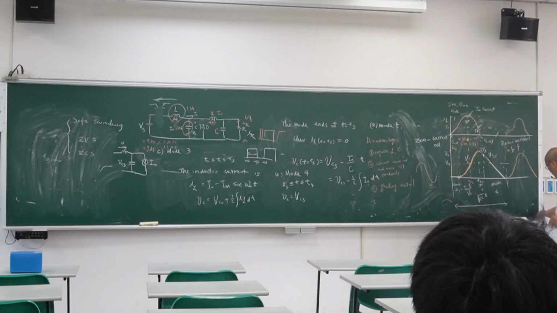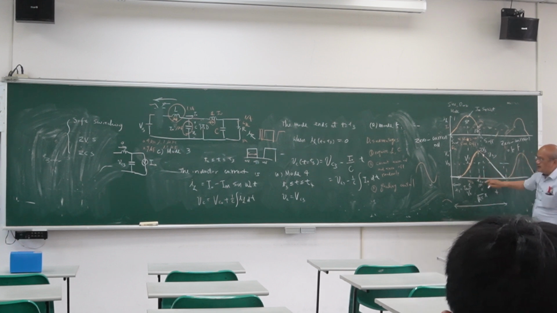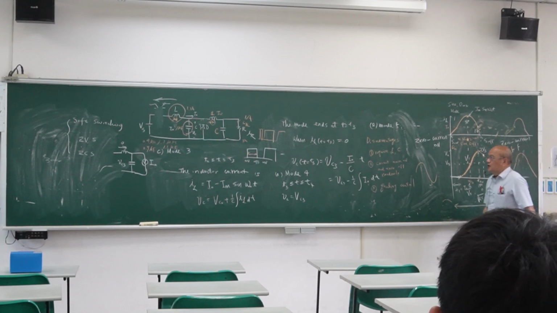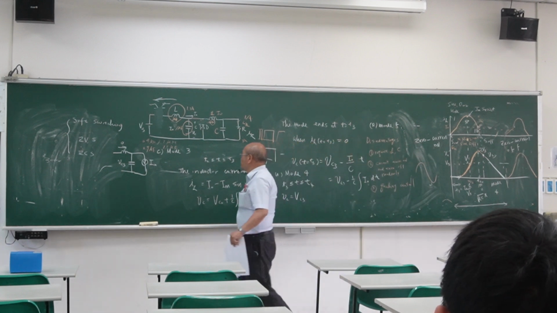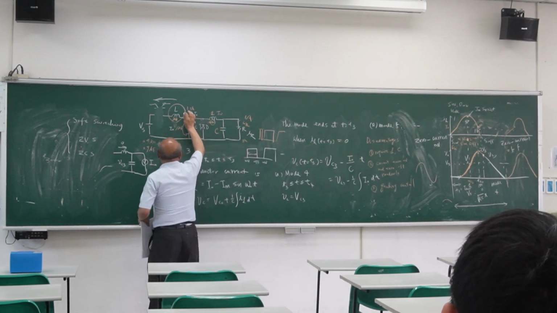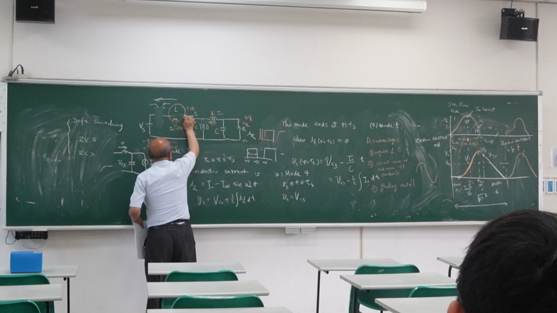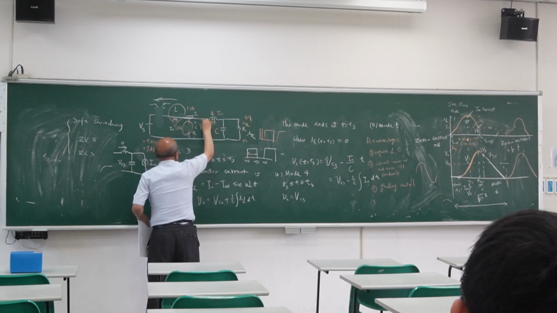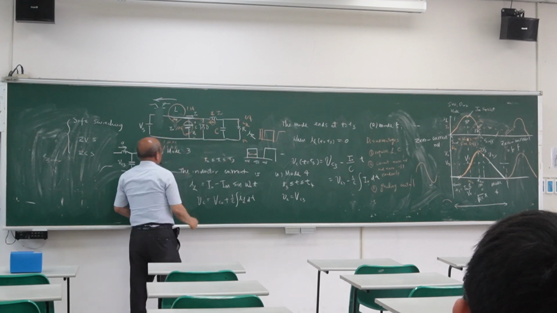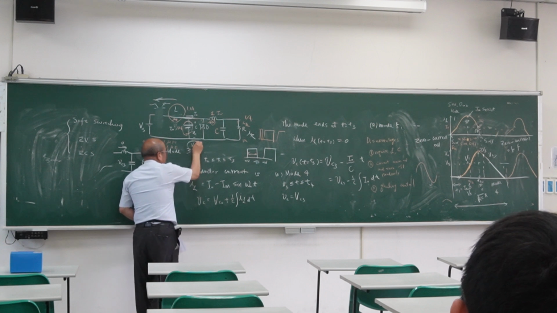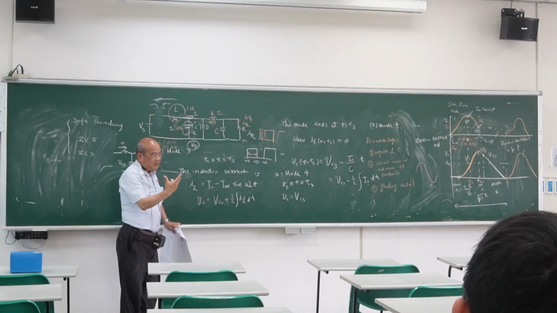Then I will ask you another question. How about the voltage stress of the capacitor? If I use hard switching, with no L and no C, what is the voltage stress? It is Vs, right, for the capacitor.